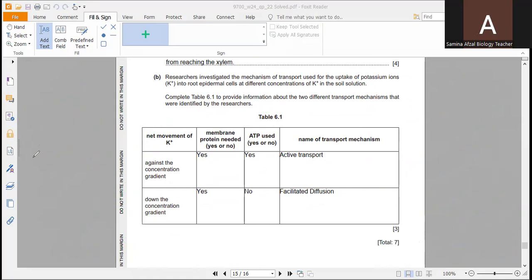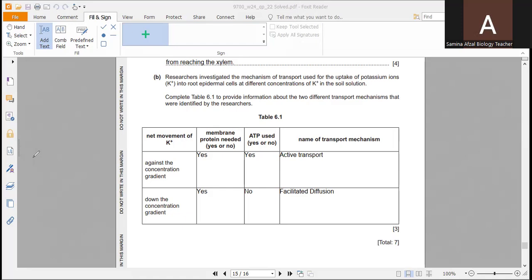Researchers investigated the mechanism of transport used for the uptake of potassium ions into root epidermal cells at different concentrations of potassium ions in the soil solution. Complete table 6.1 to provide information about the two different transport mechanisms that were identified by the researchers.